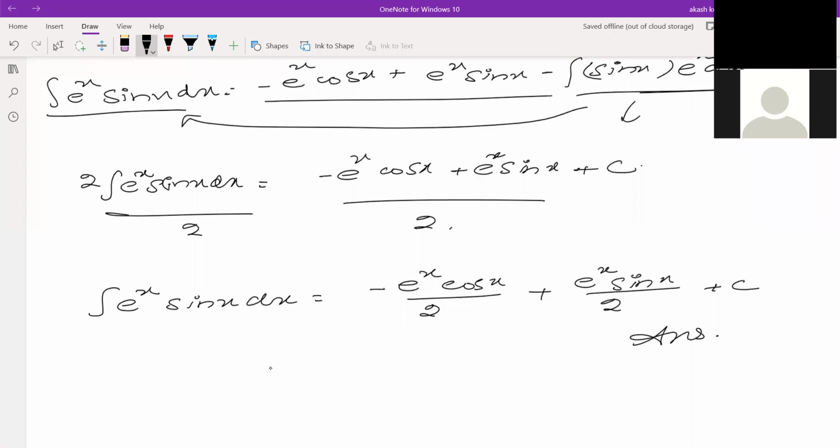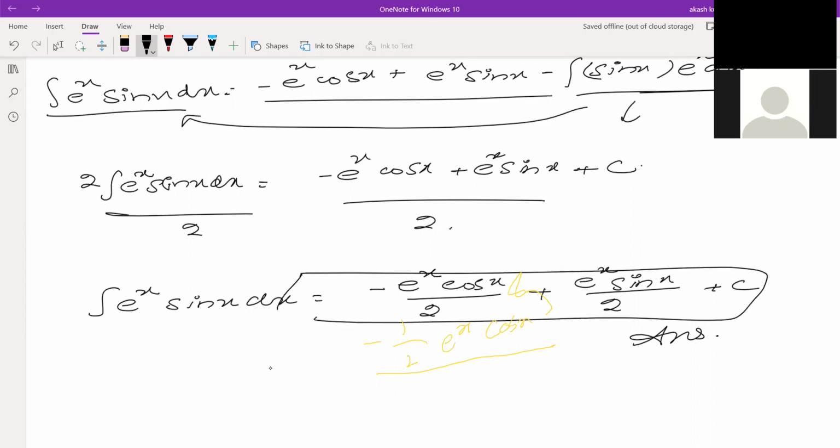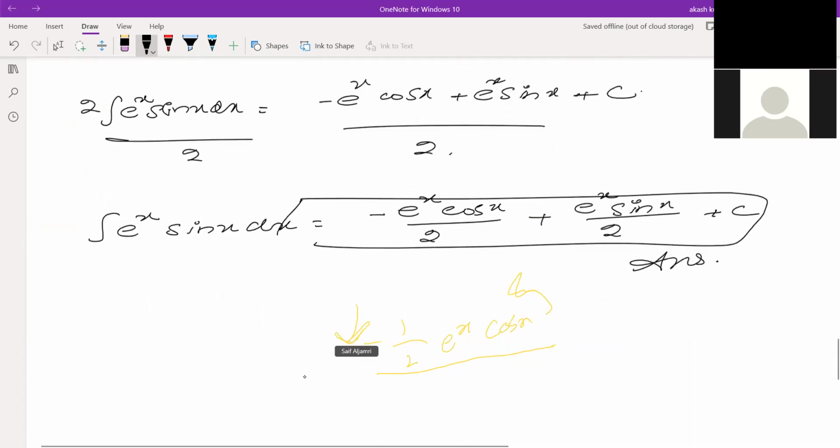Last time we did here minus 1/2 e^x cosine x. This was the answer to this one. Why this time did we only leave it like this? Last time we got this answer completely, right? Yeah, and then we went further down to this.